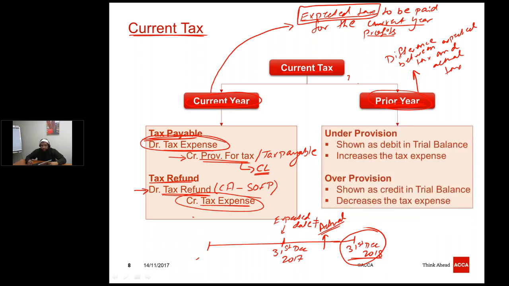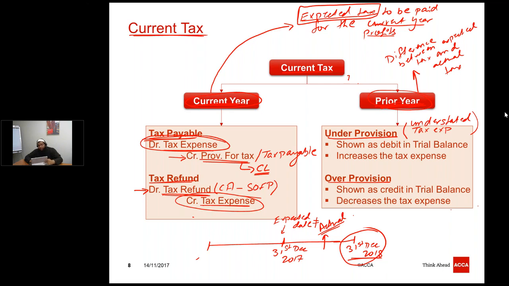And if we talk about the prior year, there are two types of provisions, an under provision and an over provision. The word under provision means that previously we had understated the tax expense. This is what is meant by under provision.